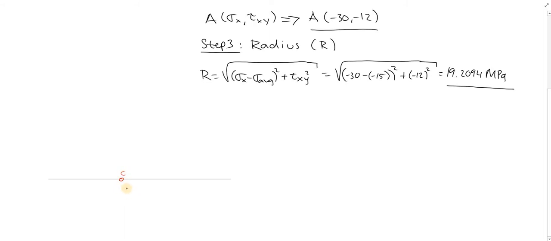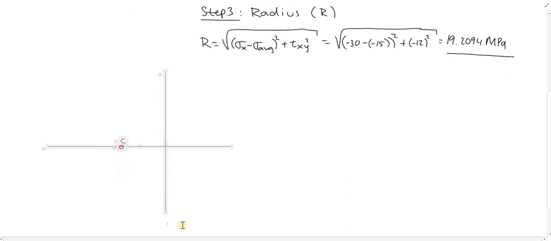Remember, our center point is located on the negative axis, which means our shear axis will be slightly on the right-hand side. And again, in this case, I'm going to have my positive shear in the downward direction, and positive normal stress towards the right.